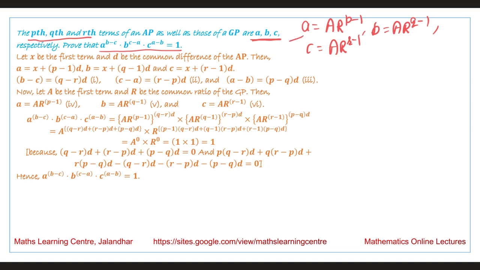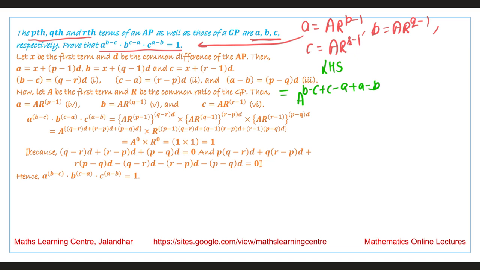Now if we substitute these values in the left hand side of this equation, we obtain LHS equal to a raised to the power b minus c plus c minus a plus a minus b.